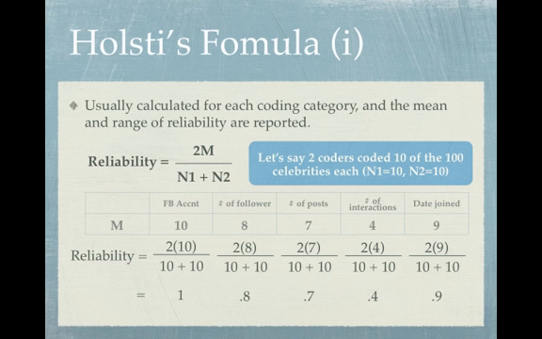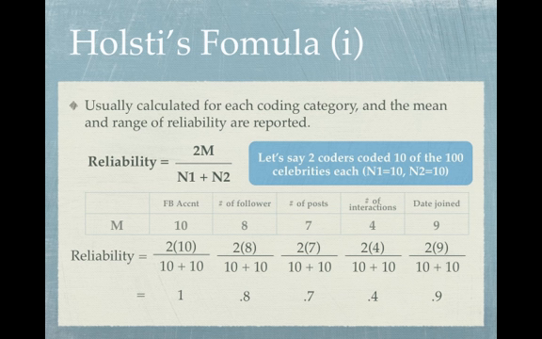So let's say there are 2 coders who coded 10 of the 100 celebrities that we've had in our example. So coder 1 coded 10 cases, and coder 2 coded the same 10 cases. And we have these different categories. So we coded whether the person has an account or not, the number of followers, the number of posts, the number of interactions, and the date joined.